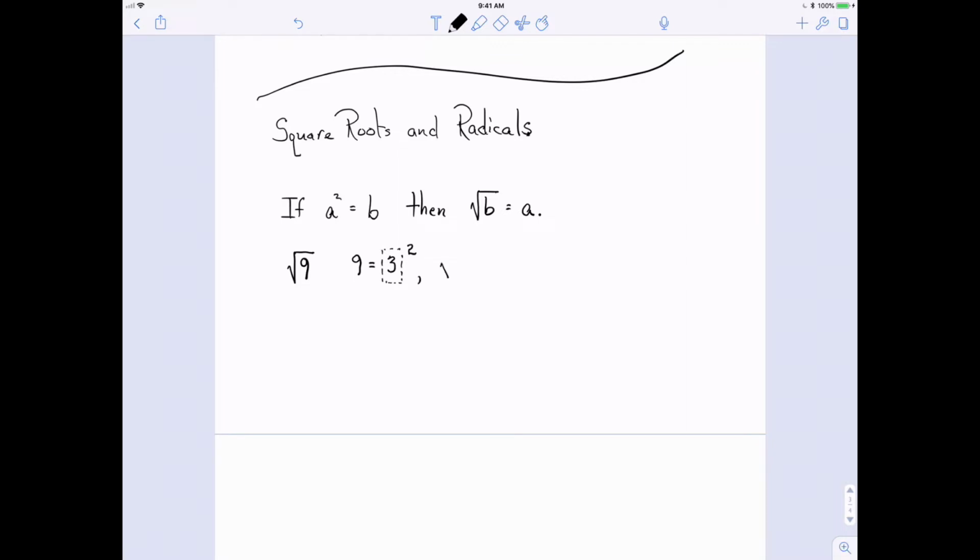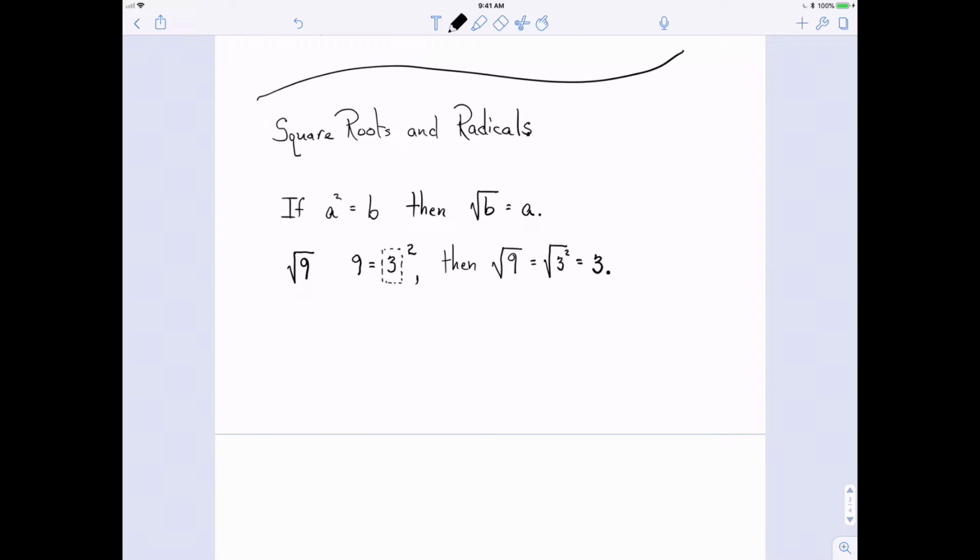Let's write it this way. And I'm going to show this intermediary step, and there's a reason for this. Then, the square root of 9 is equal to the same as the square root of 3 squared. So now we can say that the square root of 3 squared is very simply 3.